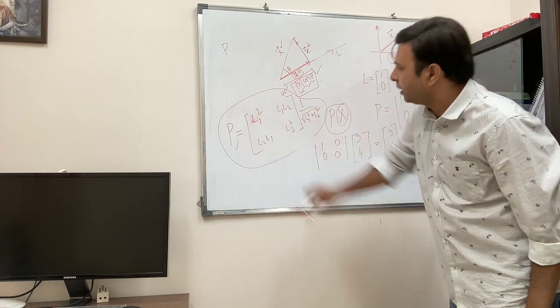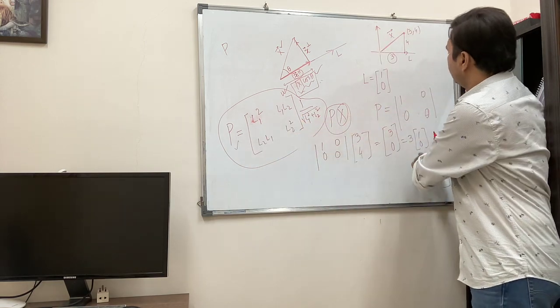Once you have the projection matrix, you multiply the vector with it to get your projected vector along that line.